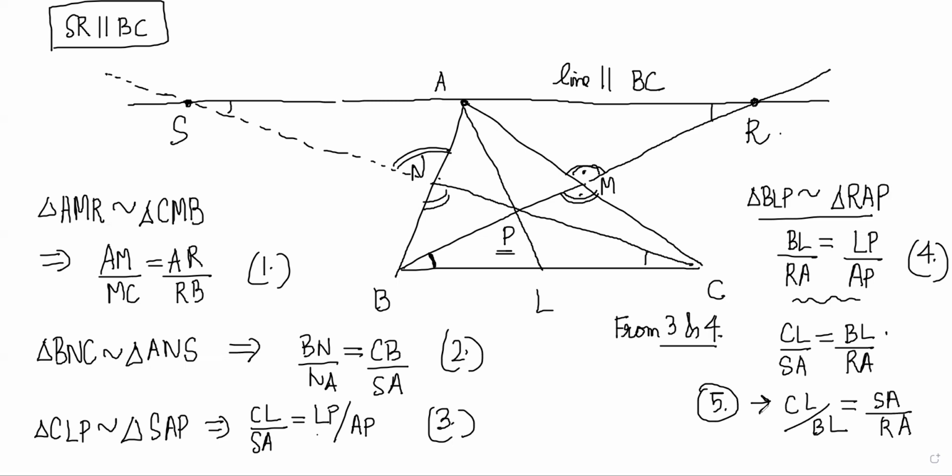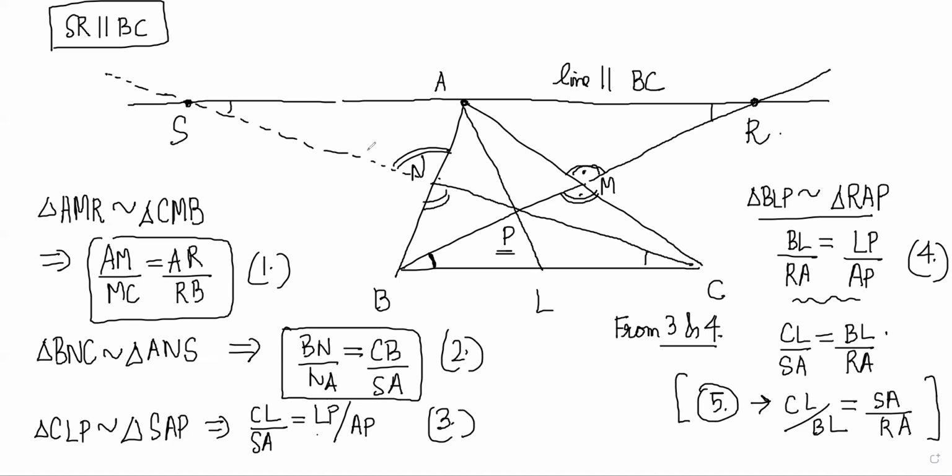And now you can simply do the proof very easily by multiplying the results that you got from 1, 2, and 5. So let's see what happens when we do that. We'll get AM by MC times BN by NA times CL by BL.